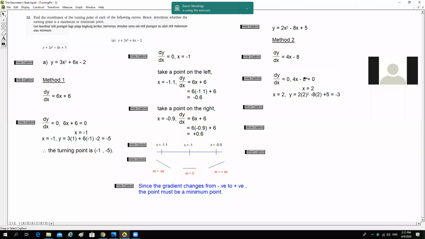After finding the value of x, find the value of y. Reason? To find the coordinates of the turning point. So this is the coordinates of the turning point, the x and the y.